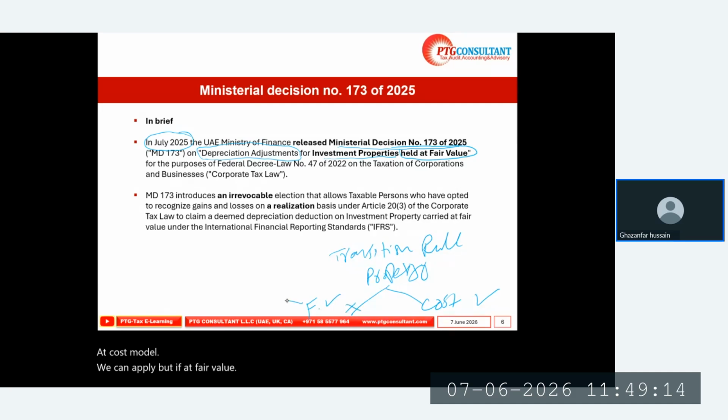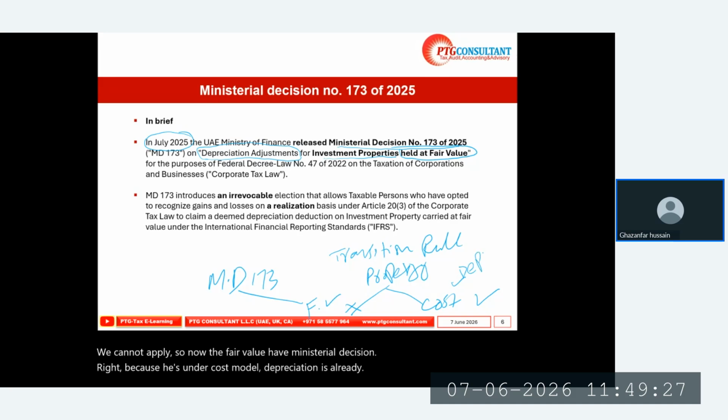So now the fair value has Ministerial Decision 173, right? Because under the cost model, depreciation is already part of the profit and loss. Understand the difference? Under the cost model, we are already charging the depreciation to P&L.